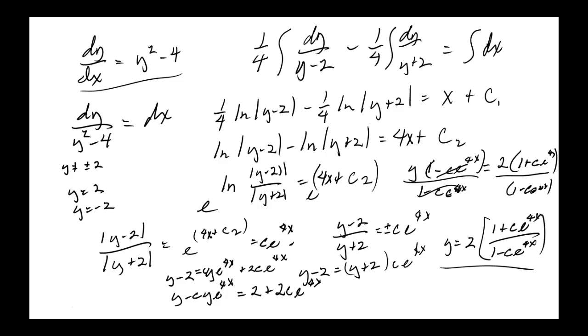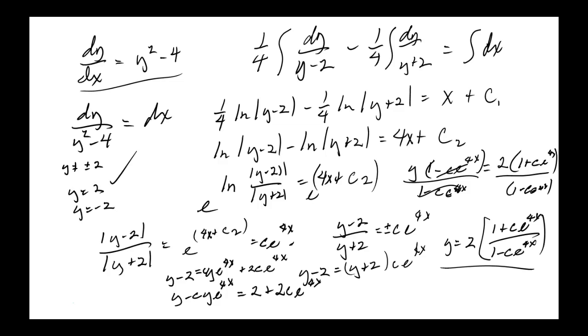And for the value c equals 0, that gives you y is equal to 2, which is fine. And that's why they say that does give you part of your family of solutions. But you can never get the minus 2 in there, and that then would be a singular solution.